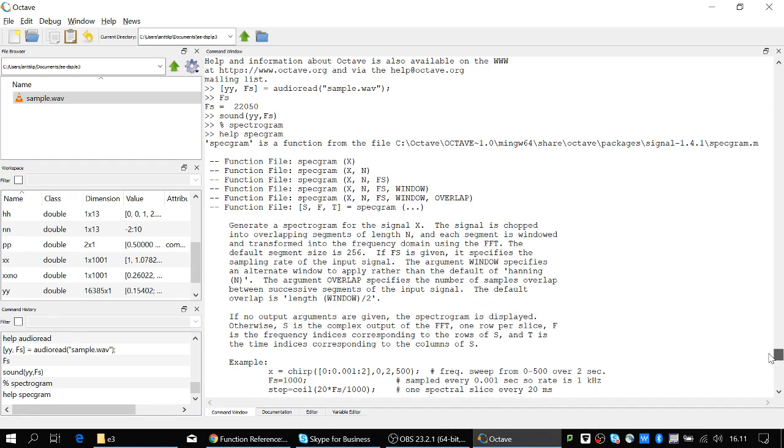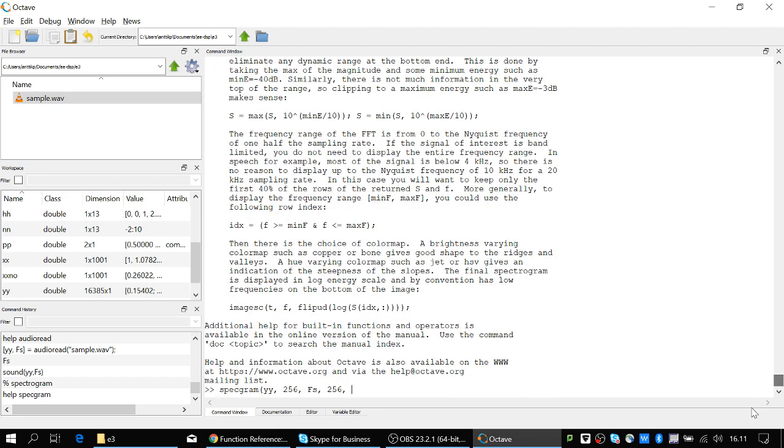Overlap means, since this is calculating the spectrum for subsamples, how many points we move forward when we take the next subsample. How many points we want those subsamples to overlap.